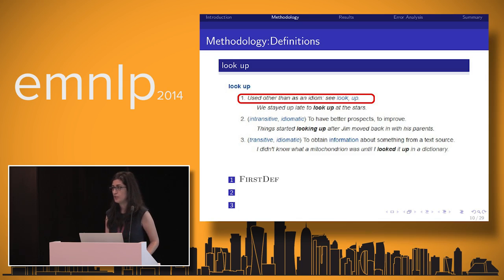The components are swimming and pool, so swimming pool has the meaning of swimming and pool, easy. For grandfather clock, the definition is a long case clock, so we understand that clock is compositional, grandfather is the non-compositional component.